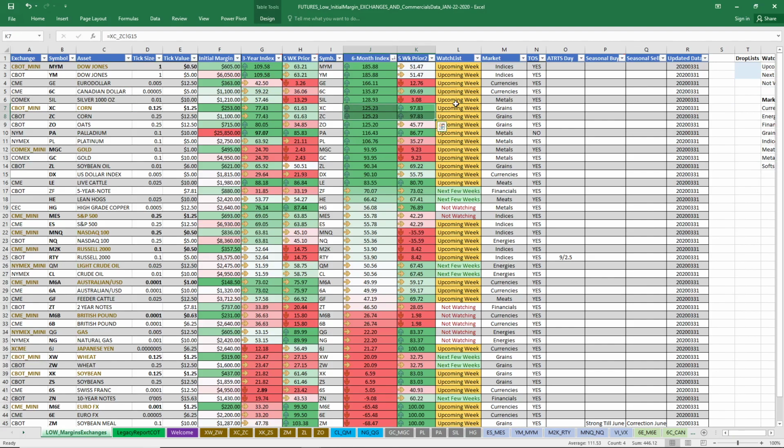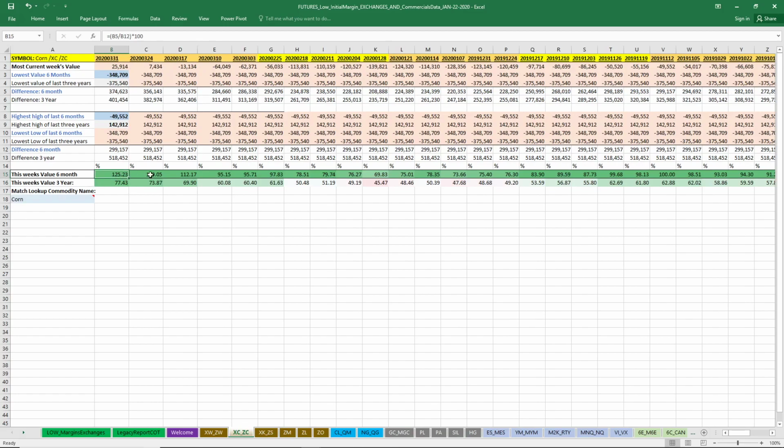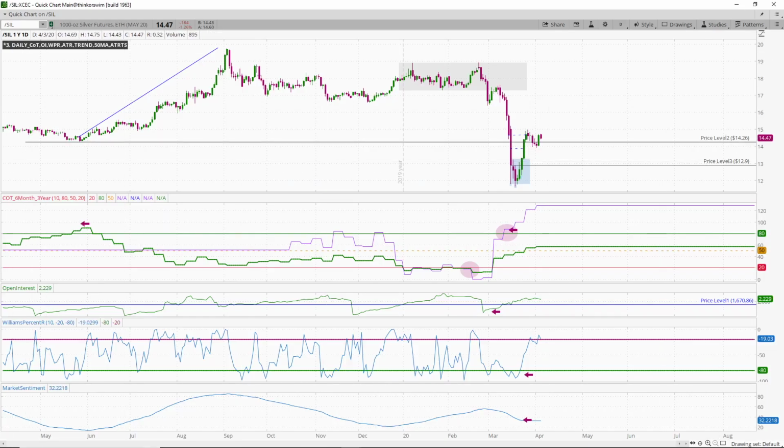Corn, we said to pay attention. Doesn't look like much has changed. Looks like they're still holding pretty optimistic on corn, and more so this week than they were last week. So just took a quick peek at corn.